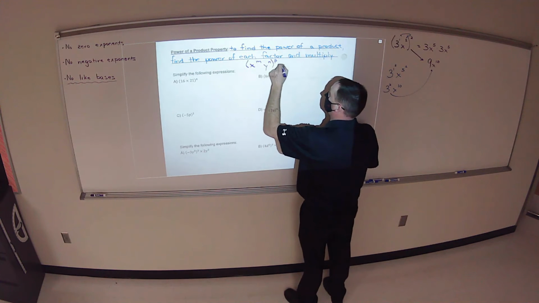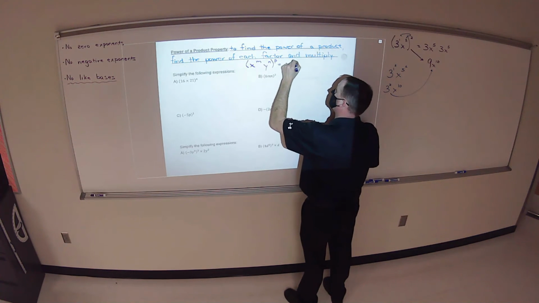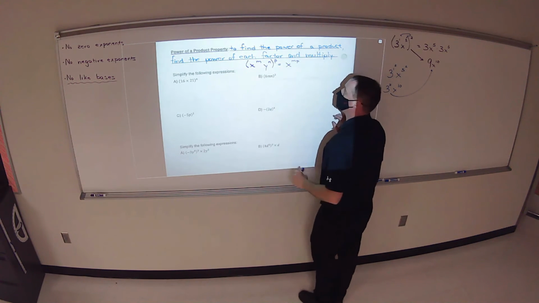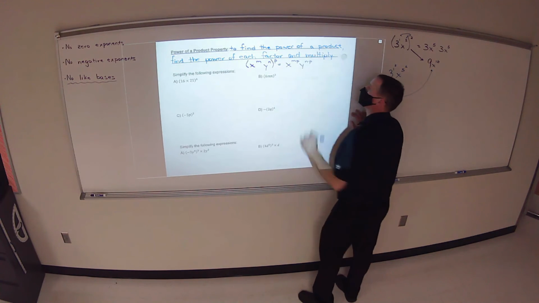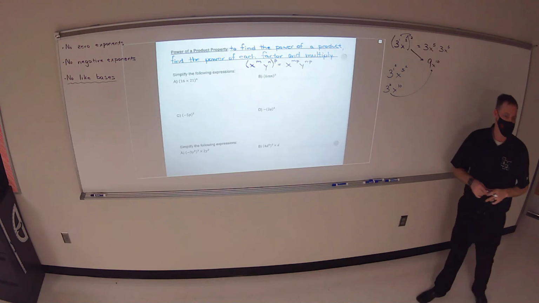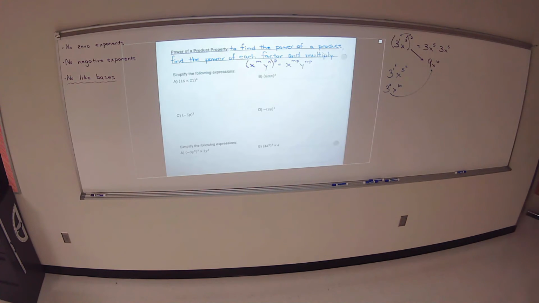This will become x to the m times p, y to the n times p. Everything that's inside the parentheses gets that exponent that is outside my parentheses.